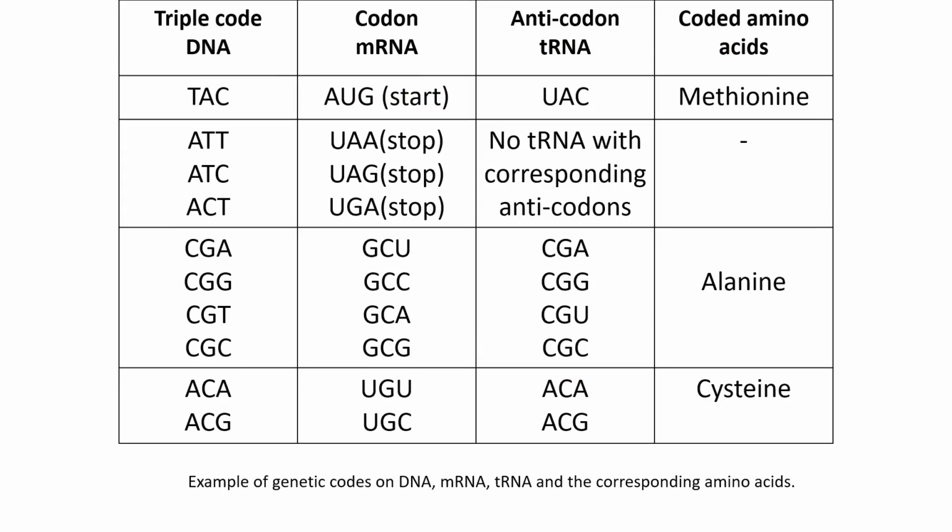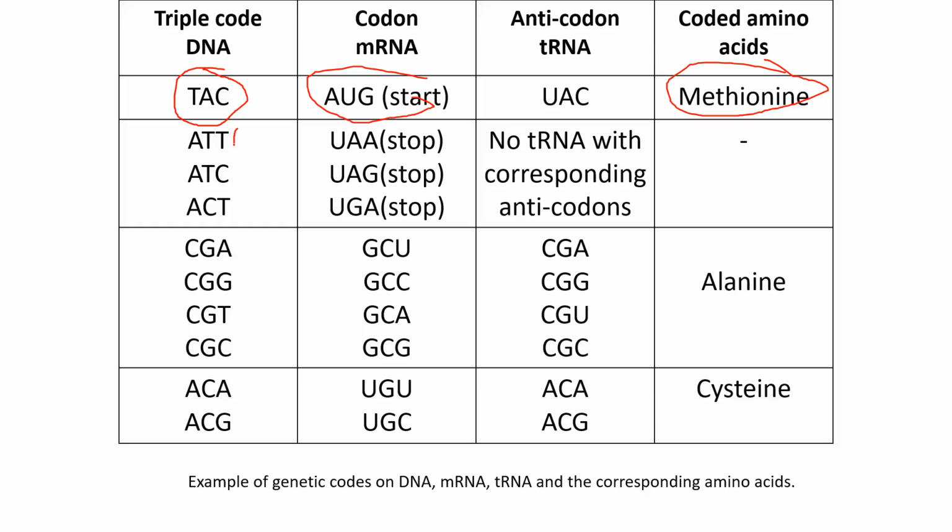Okay, so TAC, like what I've mentioned earlier, it codes the start codon, right? Start codon, which will bring the methionine amino acid. And then ATT, ATC, ACT, these are all stop codons.